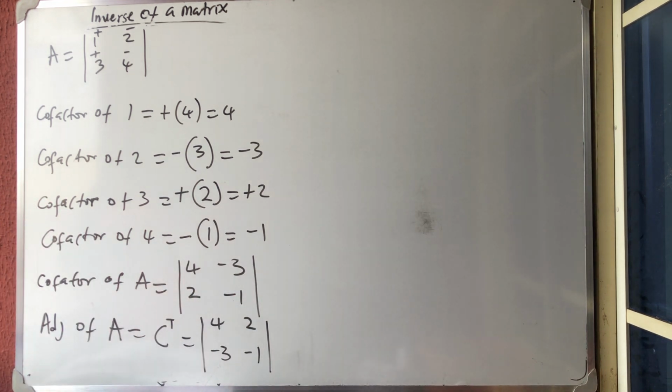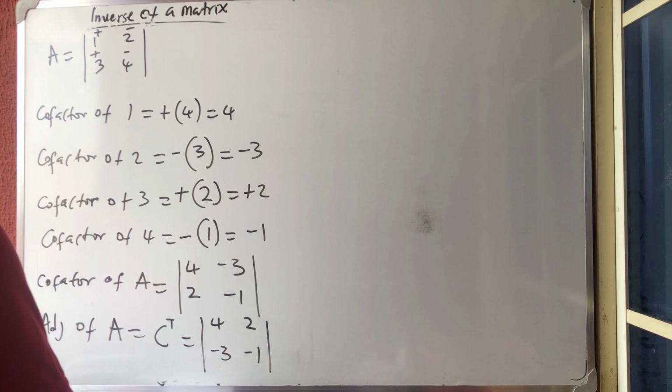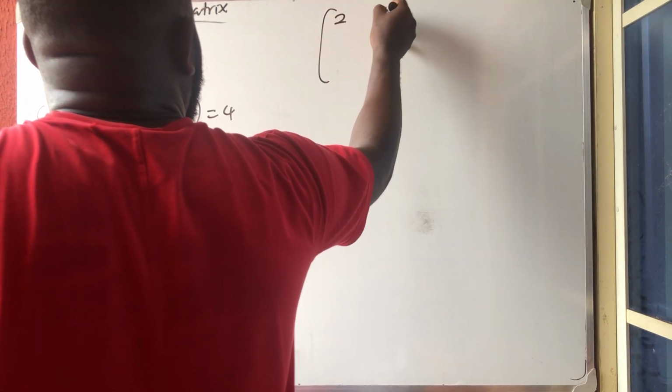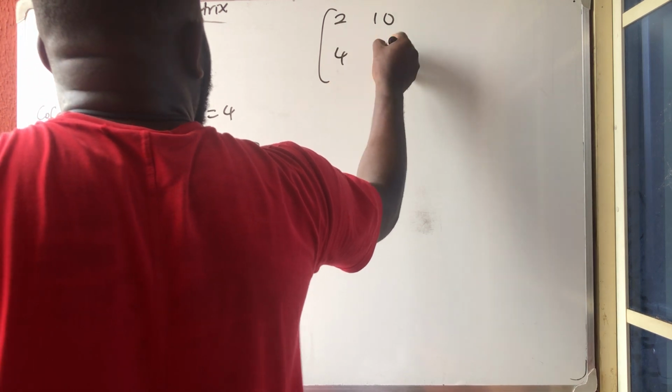I'm thinking that there is a mistake somewhere, and that's where I'm trying to check out where the mistake is coming from. Let me see from the example they gave. 10, 2, 4, and 1.